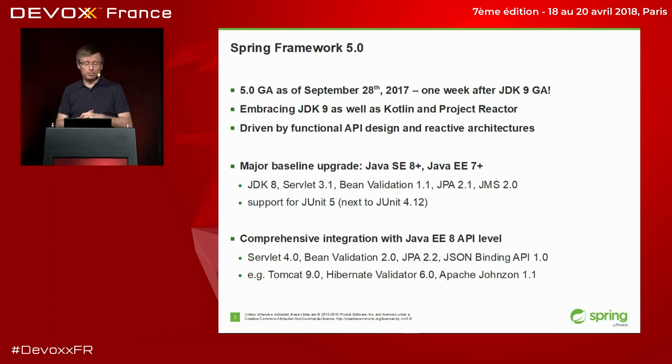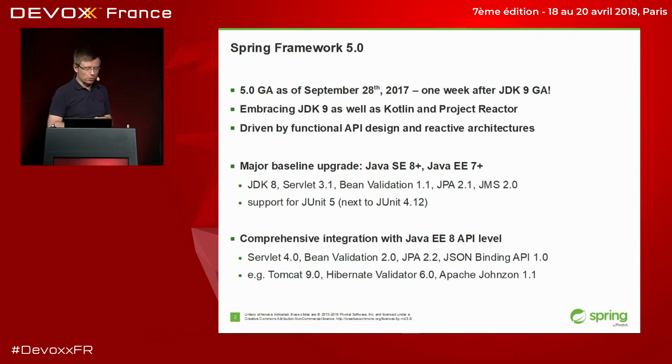The other part that we always do is catching up with the latest specifications around us. Spring Framework 5 comes with dedicated Servlet 4 support, Java EE 8 integration, JPA 2.2 support in the specific spots that we need to support them in. For example, a JPA 2.2 stream method, or in Servlet 4, you can inject a push builder in a Spring MVC handler method now.